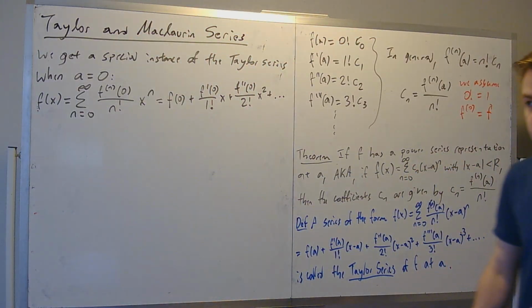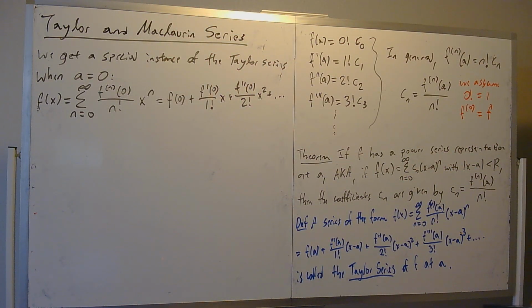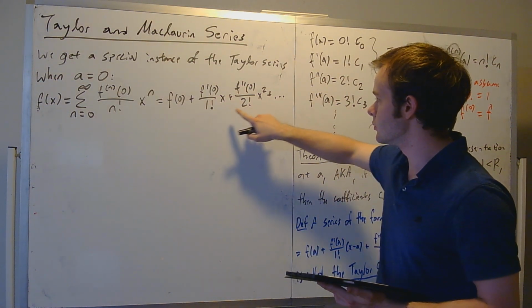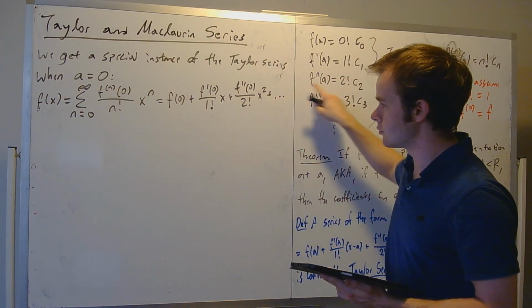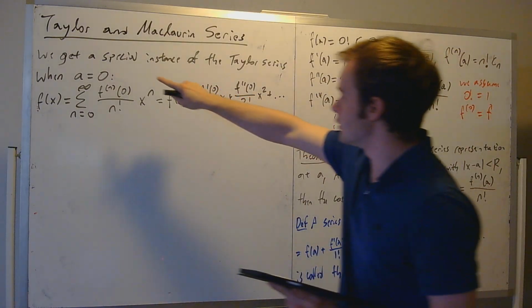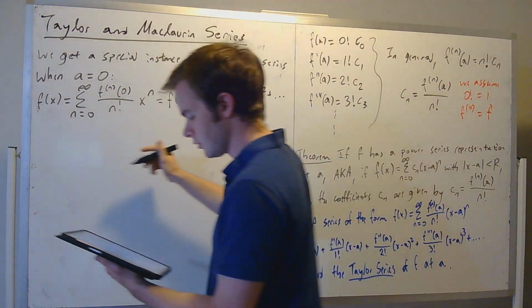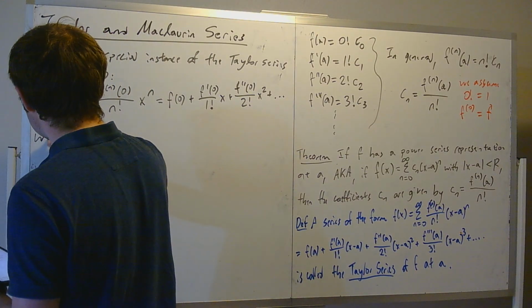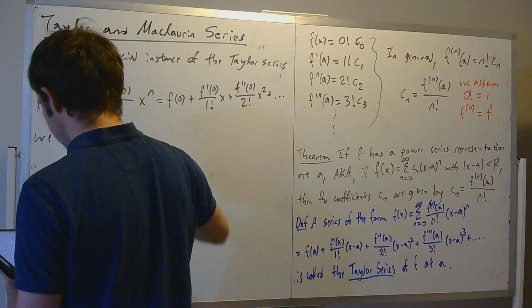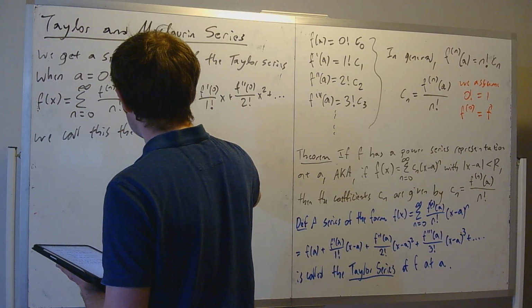Right, so this is how we would add these things. We just use the formula. So, sorry, what I meant to say, we get a special instance of this, and we call this the Maclaurin series.